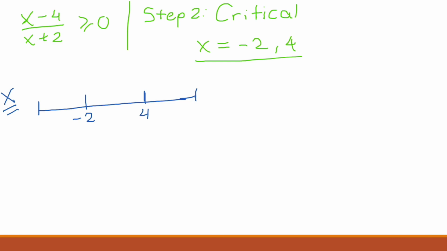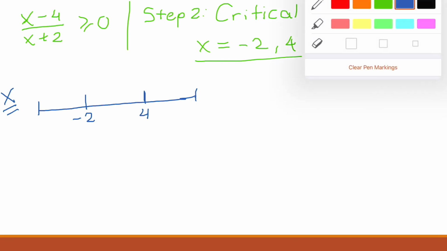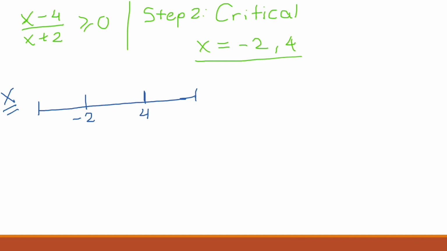greater than 4. Now, what I want you to realize is that when you're testing for x less than -2, you do not need to go on testing for -3, -4, -5, -10, -100. You are just concerned with the sign of the negative or positive term. For instance, if you look at x equal to -3, which lies in this range, less than -2, we have -3 minus 4 upon -3 plus 2.